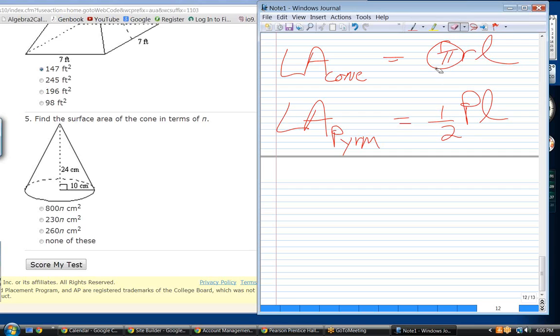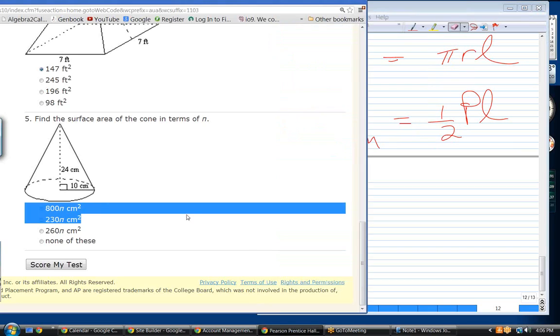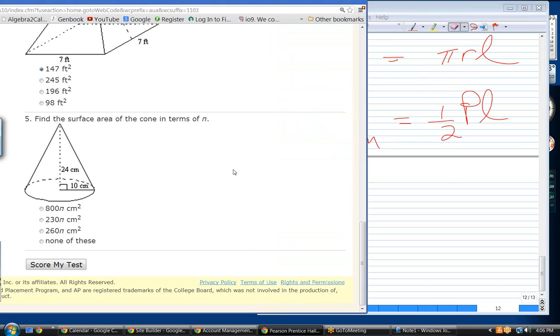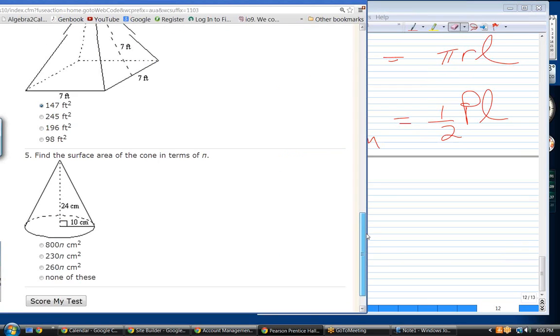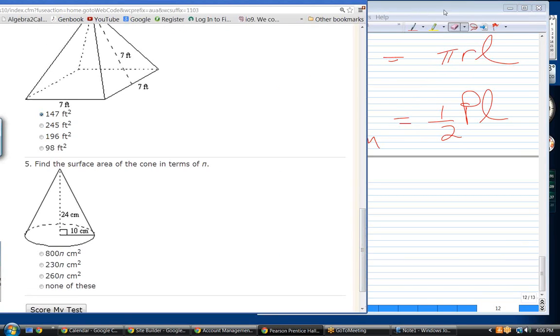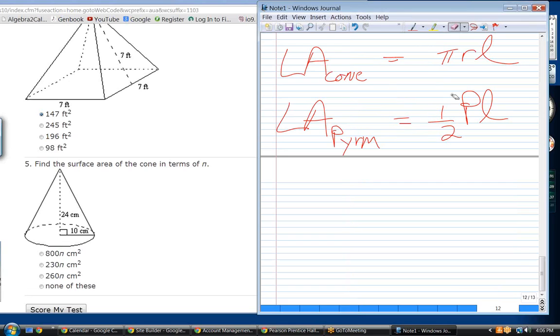So here's the distinction between a cone and a pyramid. This figure in question 4, that's a pyramid. In question 5, that's a cone. So the only thing we have to do to get the surface area is to add the area of the base in both of them.